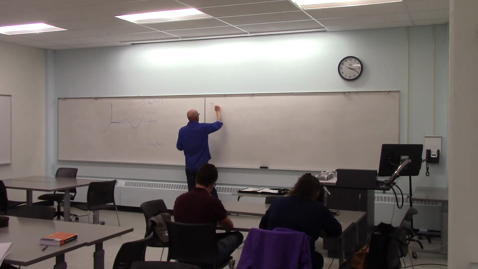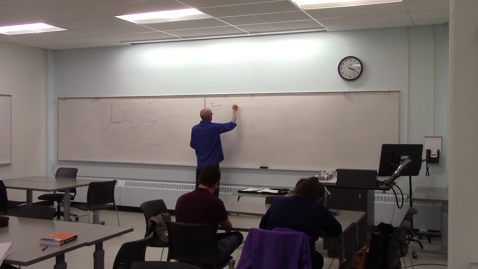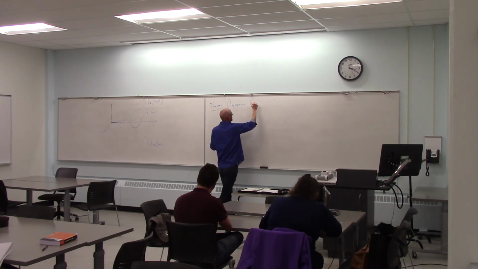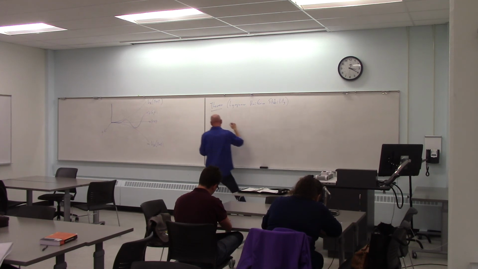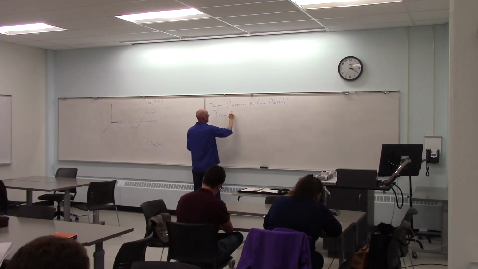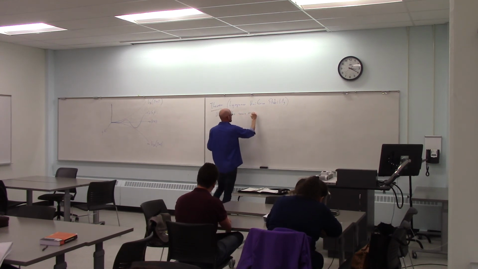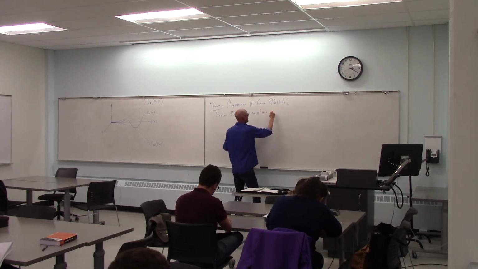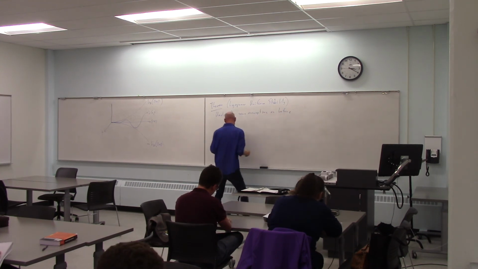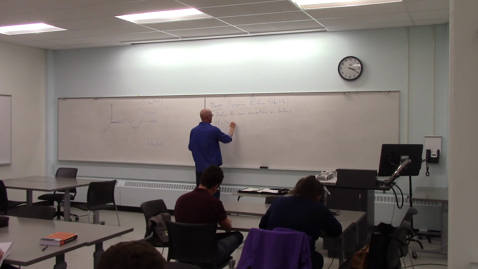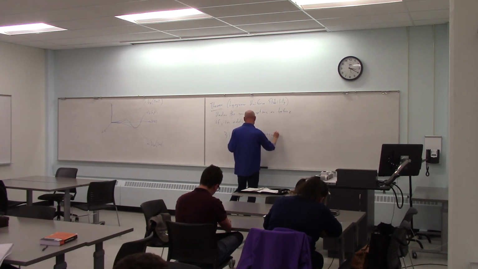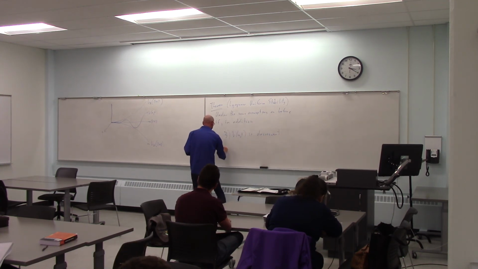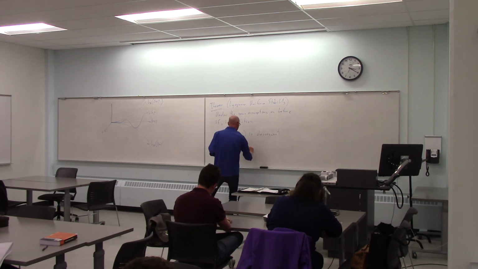The theorem for uniform stability is that under the same assumptions as before, if in addition V of x and t is decrescent, then x equals 0 is uniformly stable.